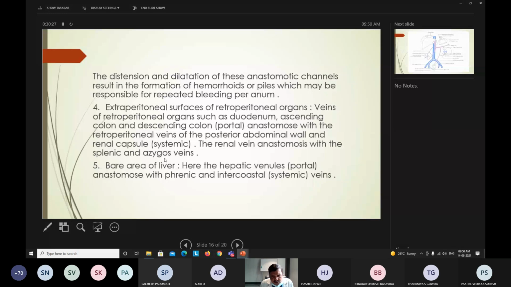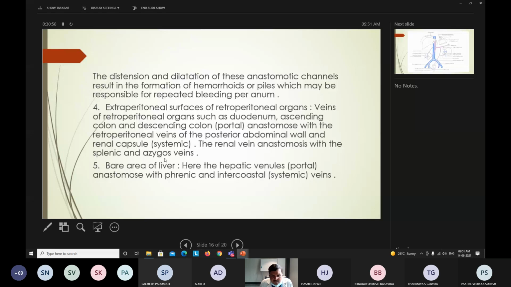The veins of these organs are portal. Again, the renal vein anastomoses with the splenic and azygos vein. So this is the fourth site.